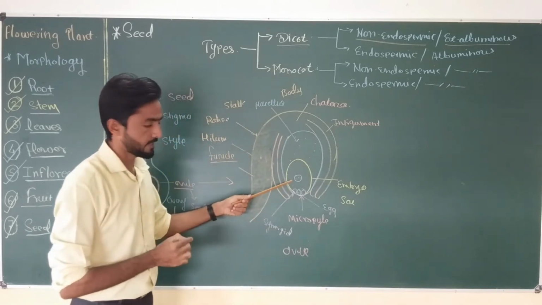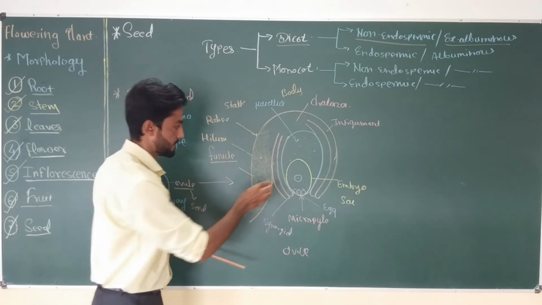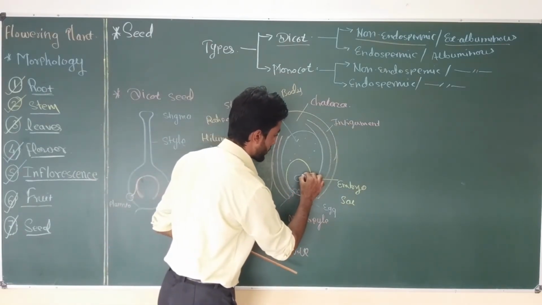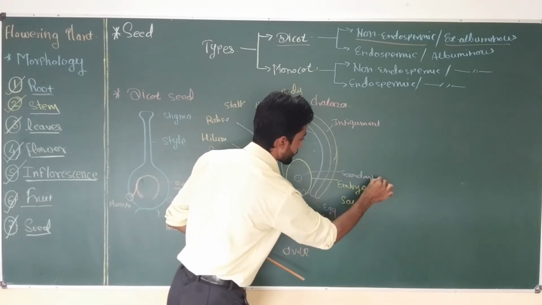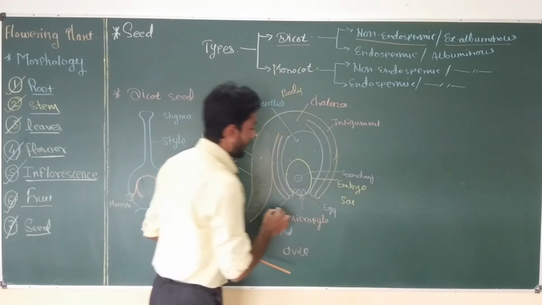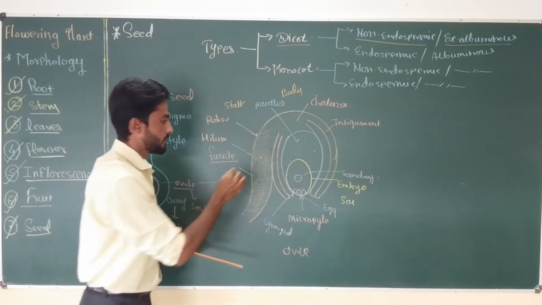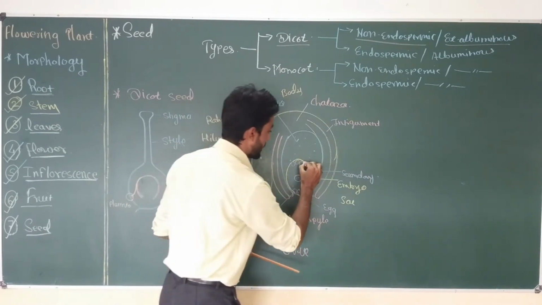That means this is the cell which has 2 different nuclei inside a single cell, and this structure is called the secondary nucleus. And at the chalazial end of the embryo sac, 3 more cells are present, and these cells are called antipodal cells.